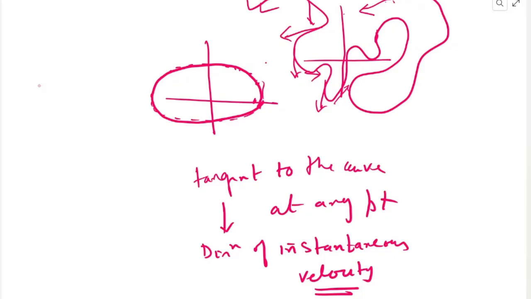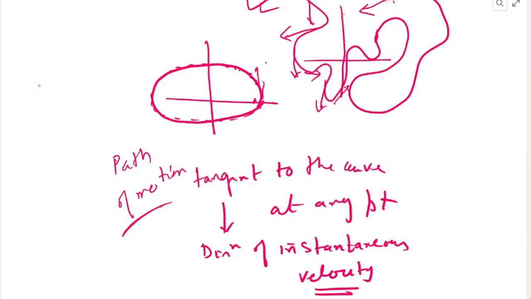So suppose with time your particle is taking this as its path of motion. Along the path of motion, how your displacement is changing with respect to time, that gives you the instantaneous velocity, and that instantaneous velocity geometrically is represented by the tangent to the curve at these different points.